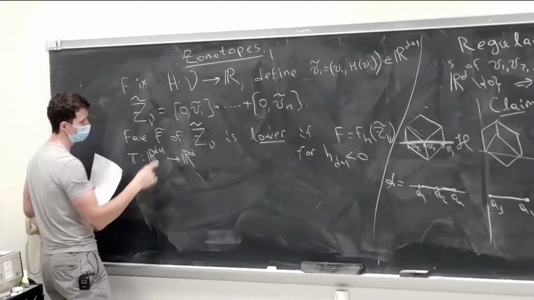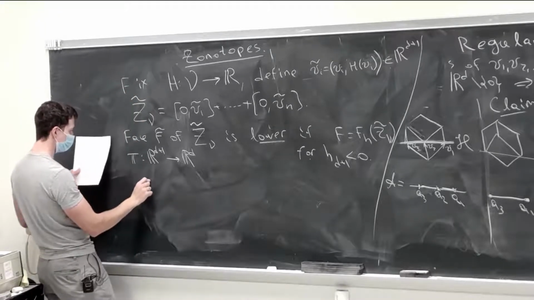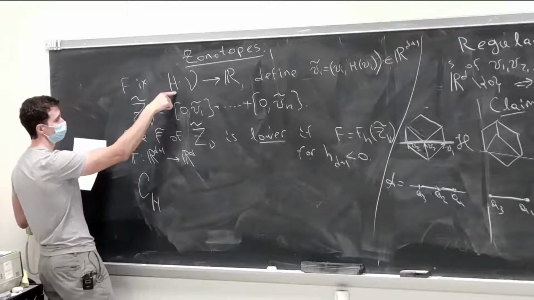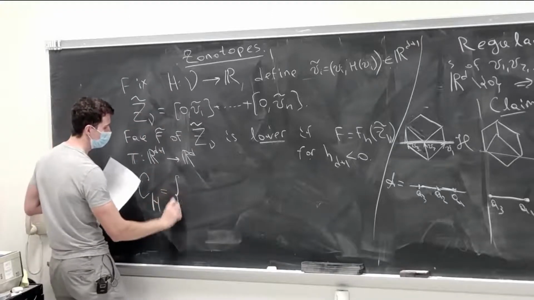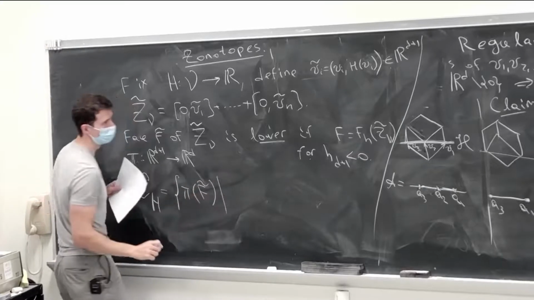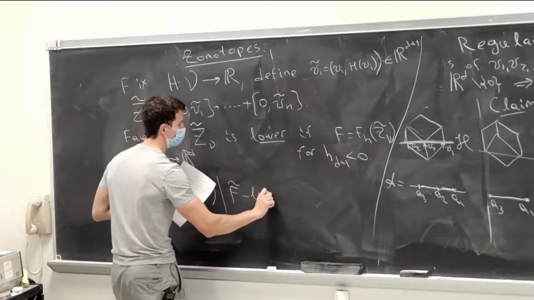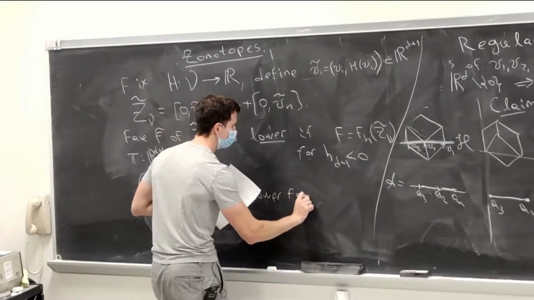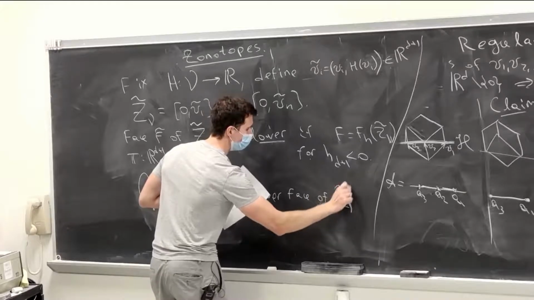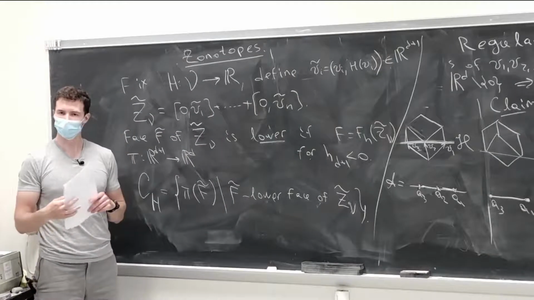Just forget the last coordinate, and then you define the zonotopal tiling C sub h corresponding to this height function h as the set of projected lower faces of your zonotope. Tilde is a lower face of the lifted zonotope.